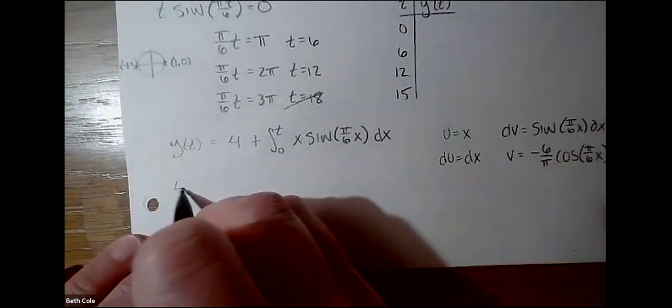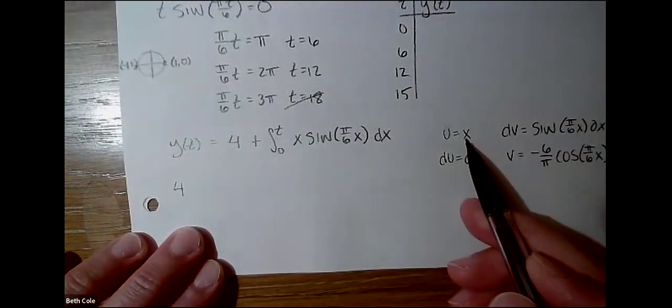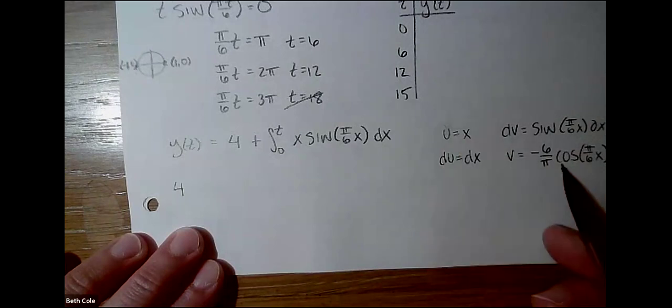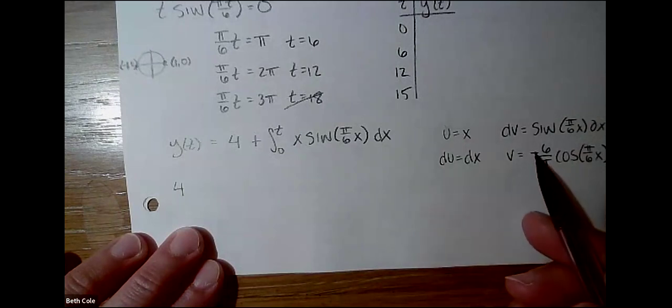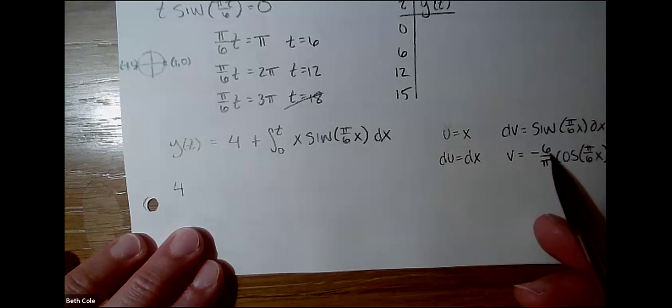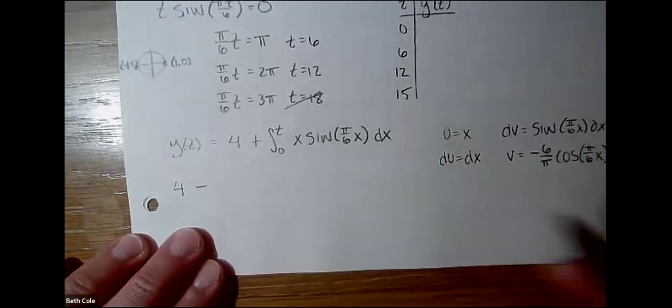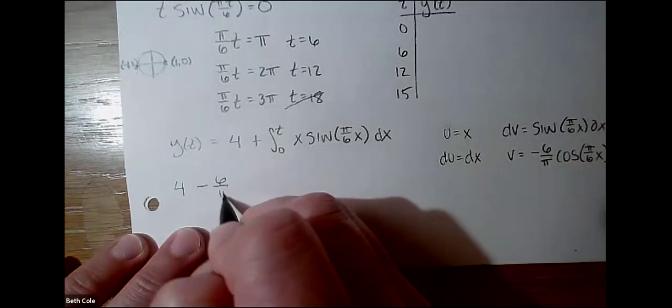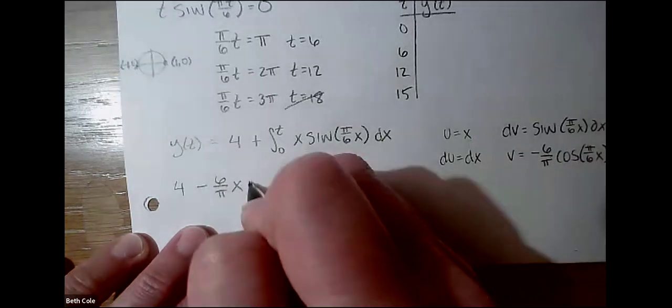All right. So here we go. It is going to be u times v. So it's going to be negative x, or, well, I guess you can write that in whatever order you want. I'm going to write negative 6 over pi x. We'll treat that like the coefficient.